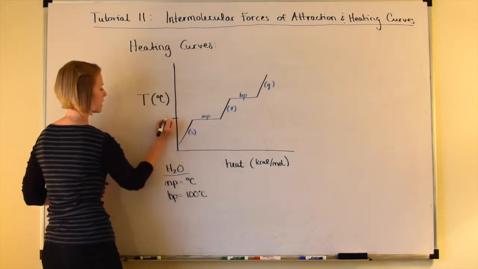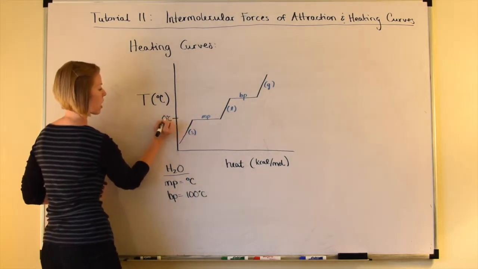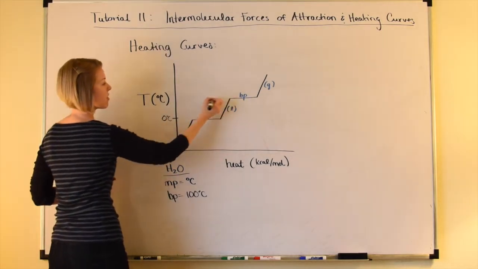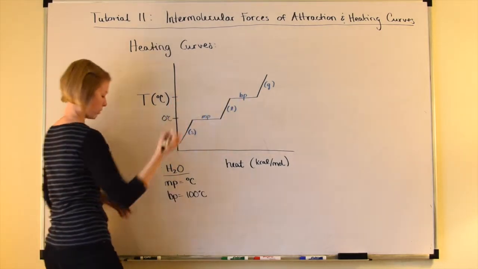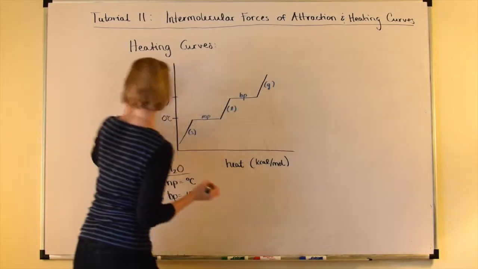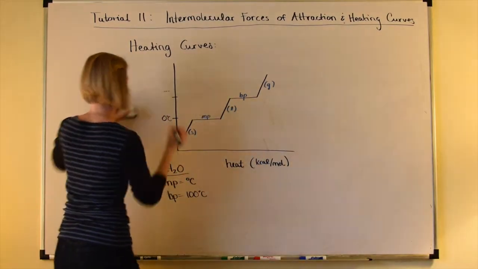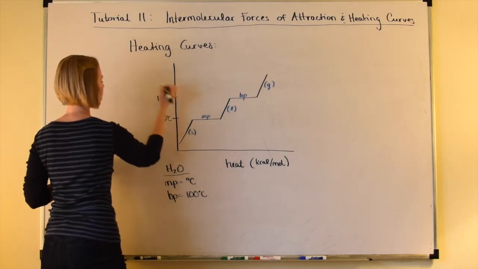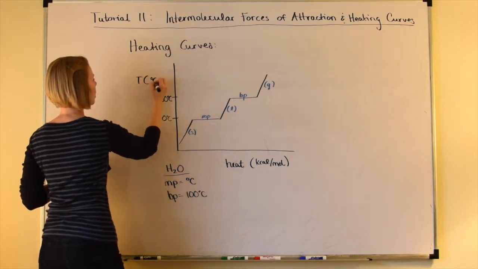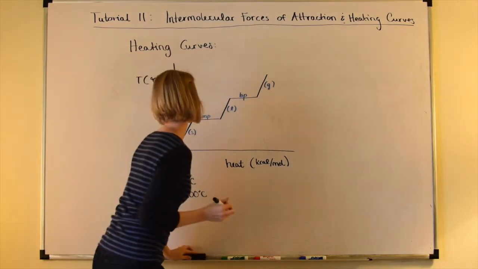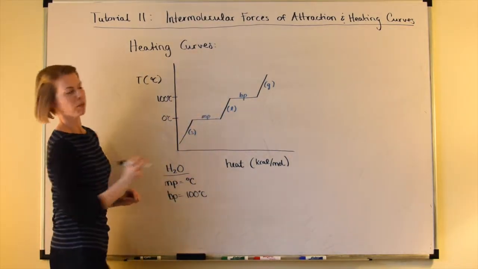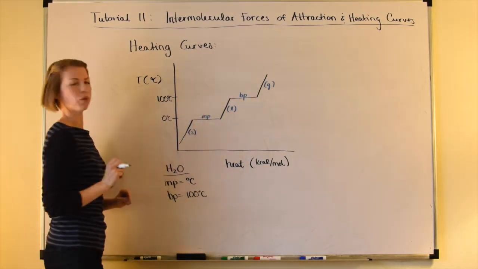So that makes it easy for me to mark off that this melting point reflects 0 degrees Celsius and that this boiling point is reflecting 100 degrees Celsius. Let me just move that so I can fit this all here. There, okay. All right, so that's supposed to line up with the melting point. That's supposed to line up with the plateau for the boiling point.